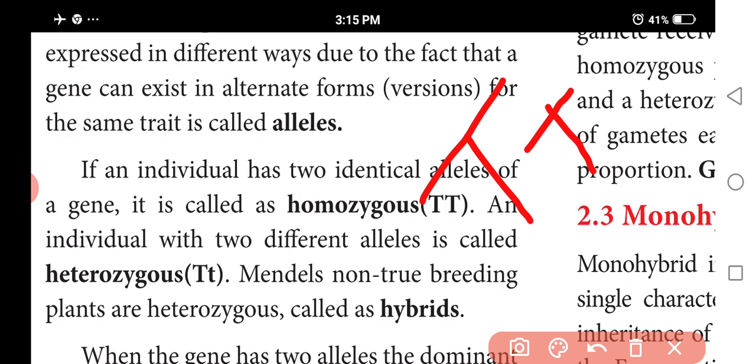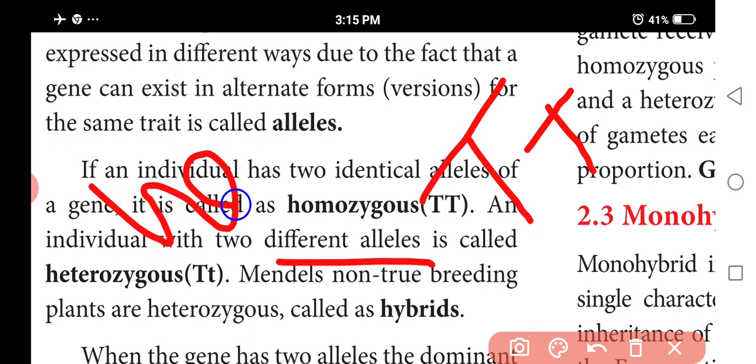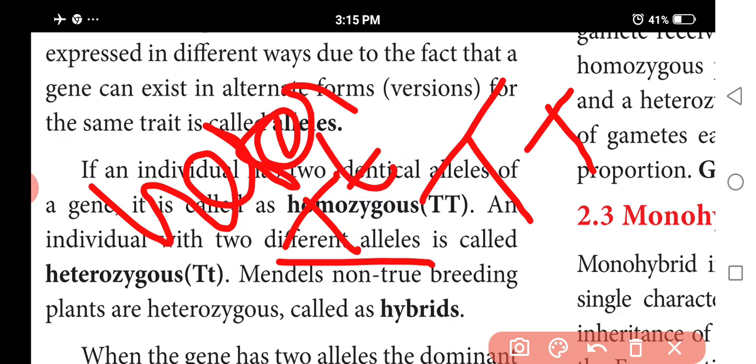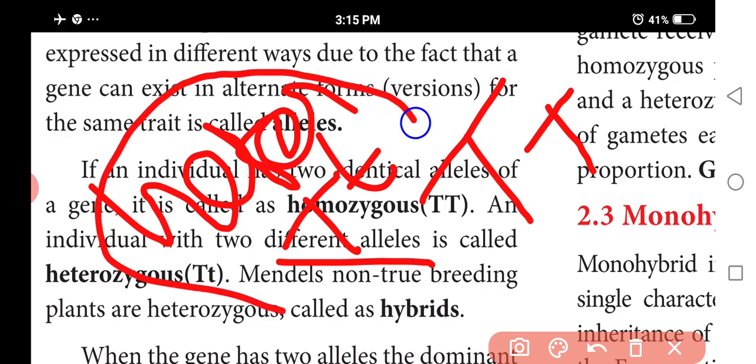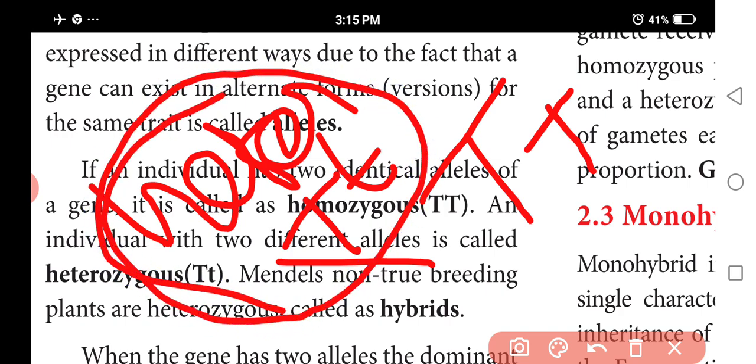An individual with two different alleles is called heterozygous. Hetero means different: capital T, small t. Mendel's non-true breeding is also called heterozygous, formed in the F1 generation, while pure breeding is homozygous.